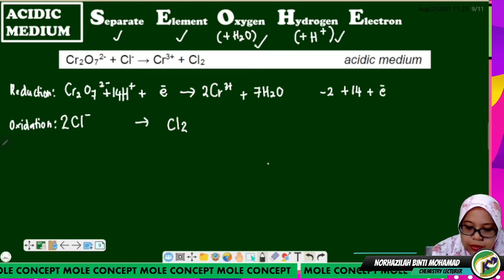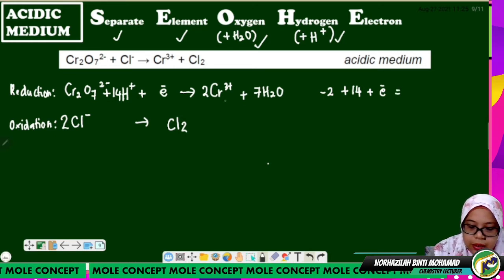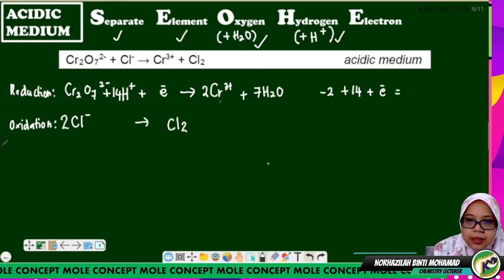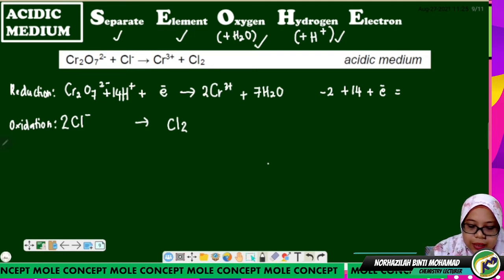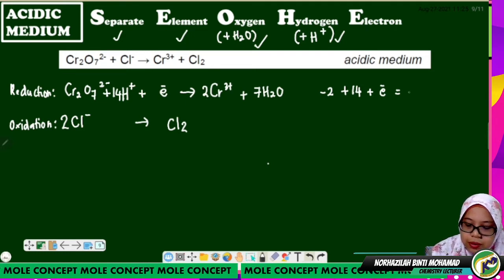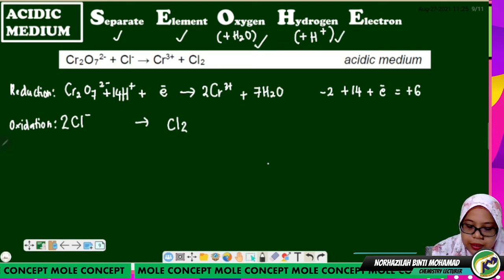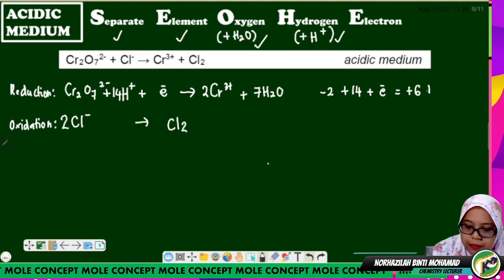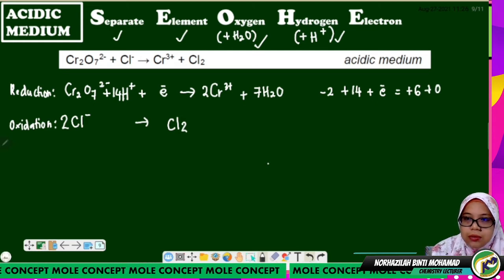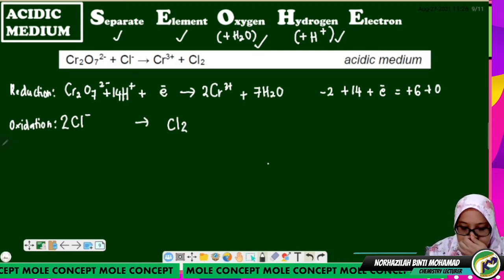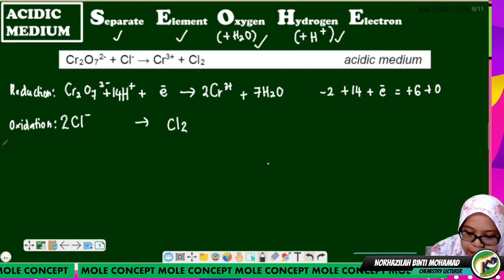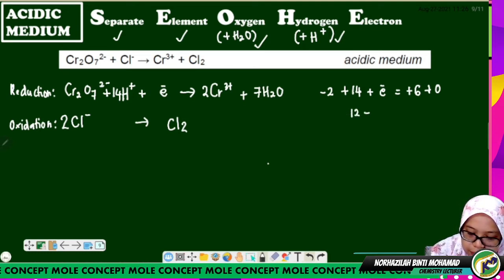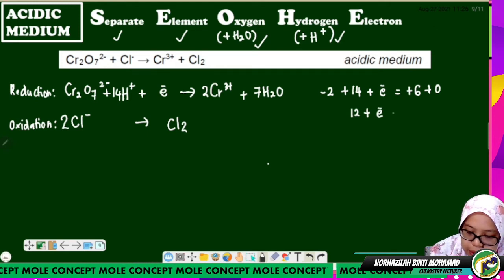We don't know how many electrons, equals to, on the product side, 2 Cr3 plus, so 2 times 3 equals positive 6. H2O has no charge, means 0. So the total here is 14 minus 2 is 12, plus the electron, equals 6.